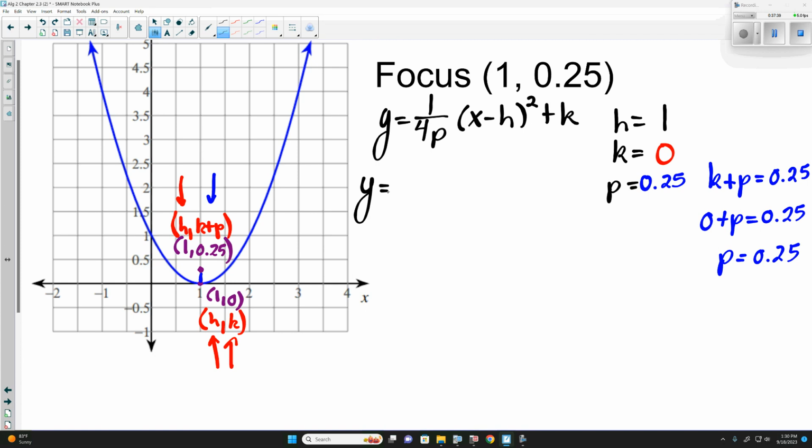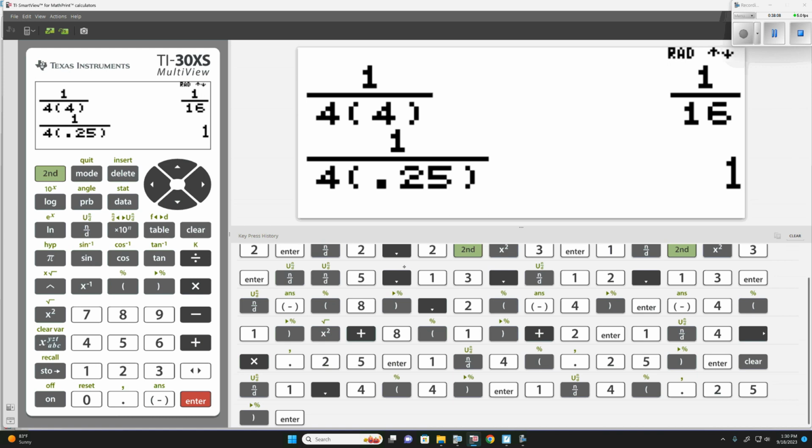Now, the last thing we need to do is plug it in. So here we're going to have 1 over 4 times 0.25 times (x minus 1) squared plus 0. We plugged in the values of h, k, and p. Now at this point, we can plug the 1 over 4 times 0.25 into the calculator.